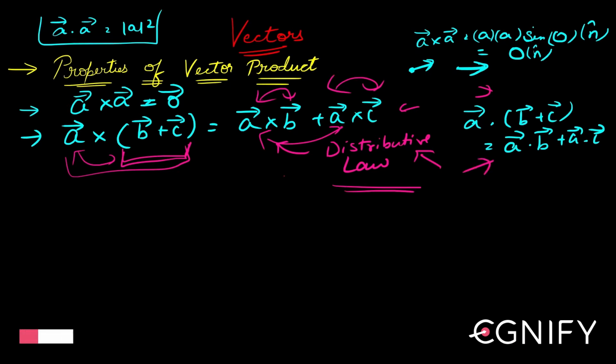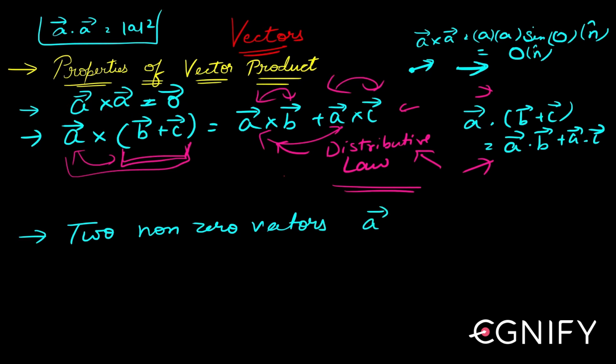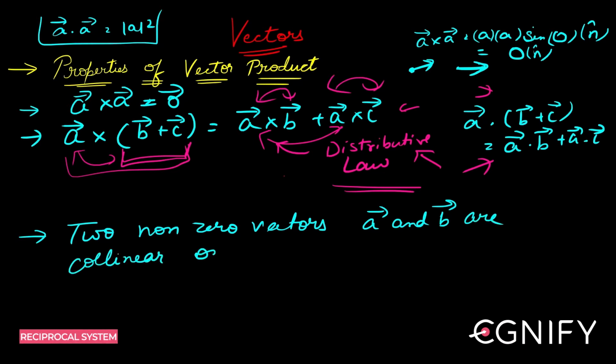Coming to the next property, and the next property is this. Two non-zero vectors, A bar and B bar, are collinear only if A cross B is equal to 0.